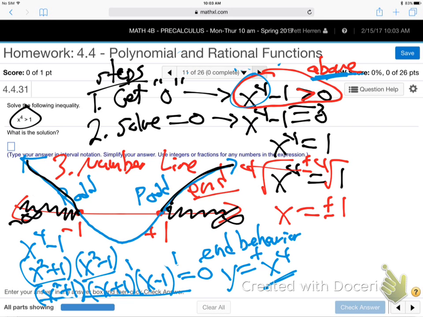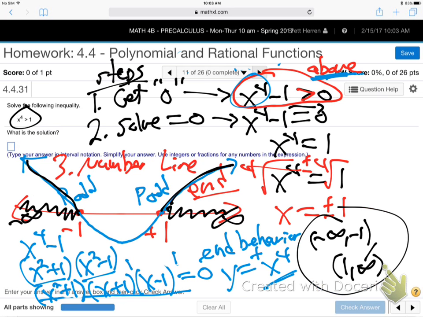Look at the original question. It was just greater than, not greater than or equal to. So when you don't have the bar, don't even think about brackets. Negative infinity to negative 1, union, 1 to infinity. There's our answer.